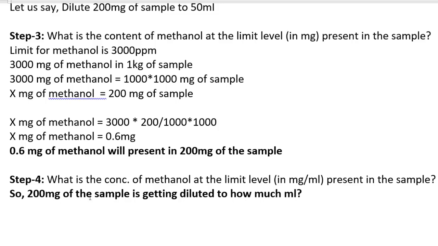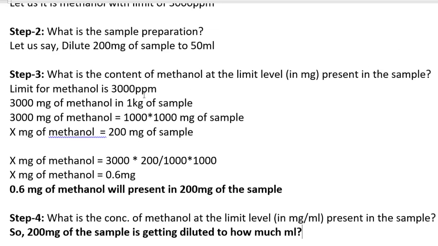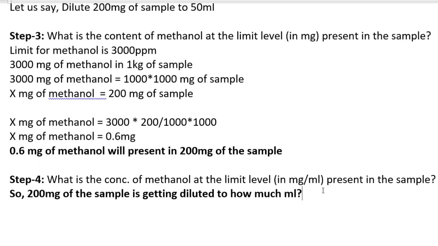Yes, this 200 milligram of the sample is getting diluted to how much ml? And for that, you need to know the sample preparation procedure. That is step number 2, which says that the 200 milligram of the sample will get diluted to 50 ml. So 50 is the answer. I know that the sample will get diluted to 50 ml.